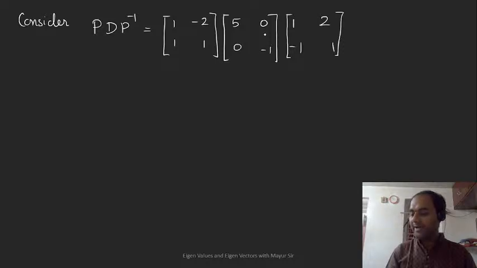So you divide it by... no, the determinant of this matrix we will have to take. So the determinant of this matrix is not minus 5, sorry, it is going to be 1 minus minus 2 is 3, okay. So it is by 3, so here you divide by 3.